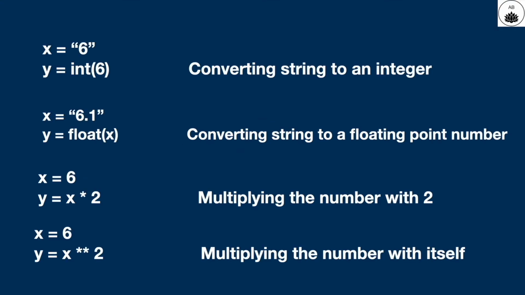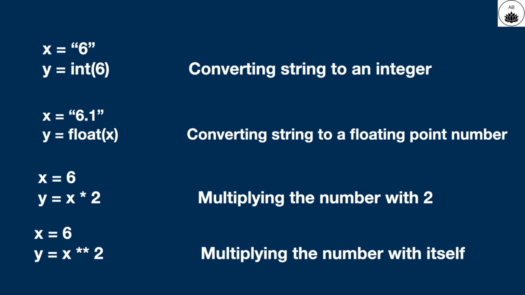There. Let's do a quick recap. If you have a number stored as a string in a variable, the way to convert the string into an integer is by using the int function. And if you have a number with decimal places stored as a string in a variable, the way to convert it into a floating point number is by using the float function.